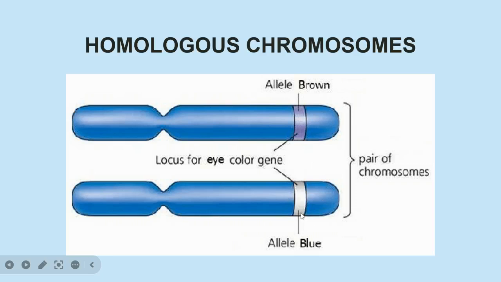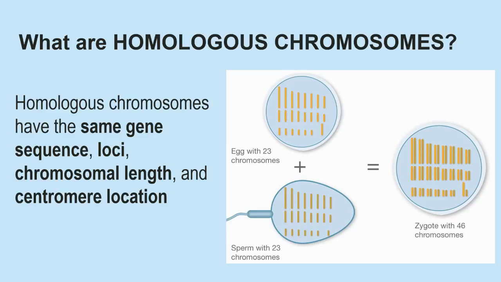So, one inherited from each parent po kay homologous chromosomes. Egg with 23 chromosomes and sperm with 23 chromosomes produces zygote with 46 chromosomes.